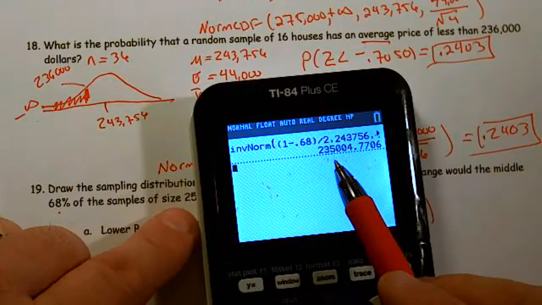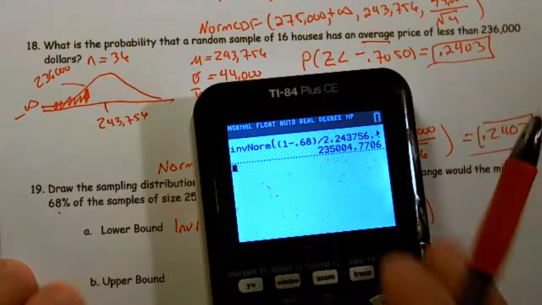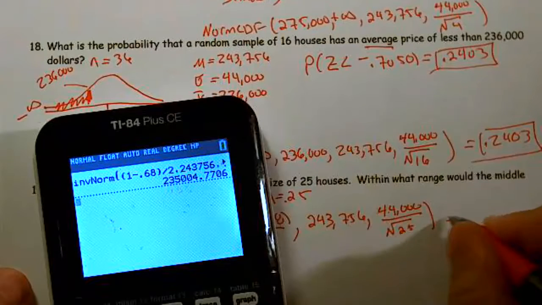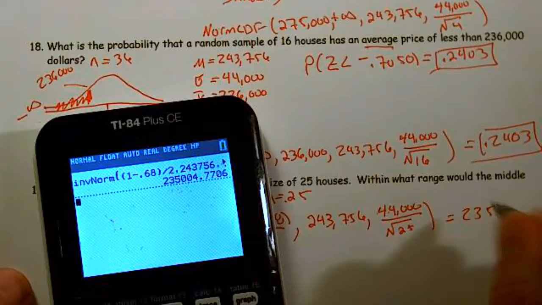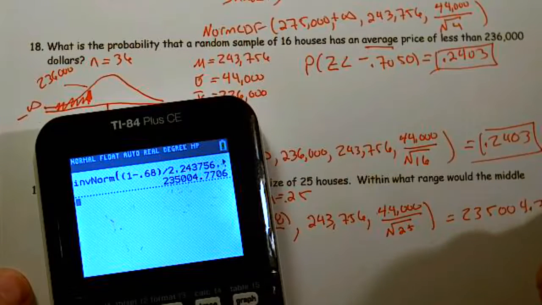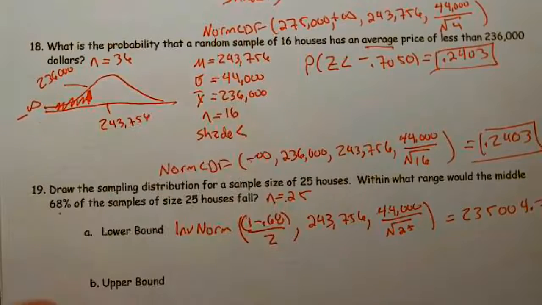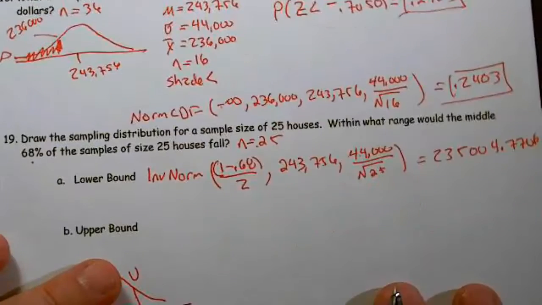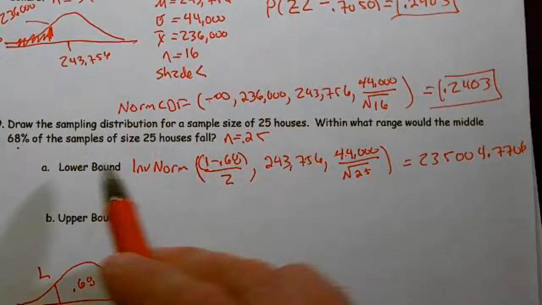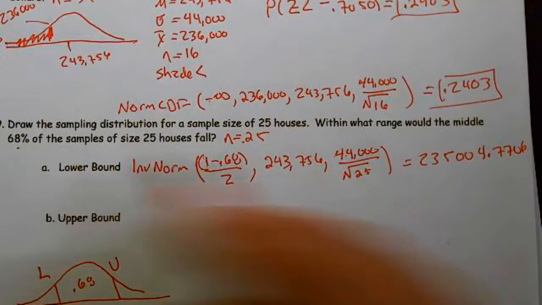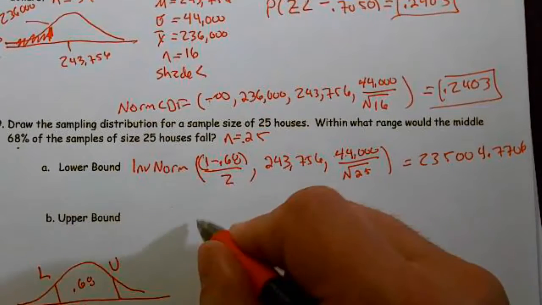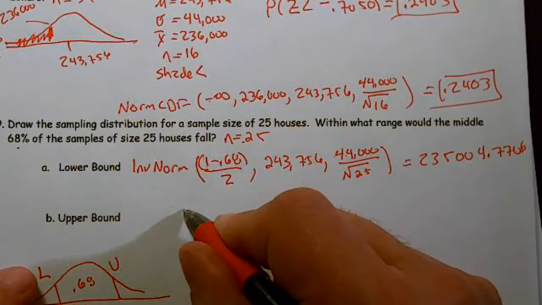And we end up getting 235,004.7706. So that's one way to do it. And then you're going to have to do the same thing for the upper bound. A much faster way, since it's centered, is so much faster. I highly recommend it.